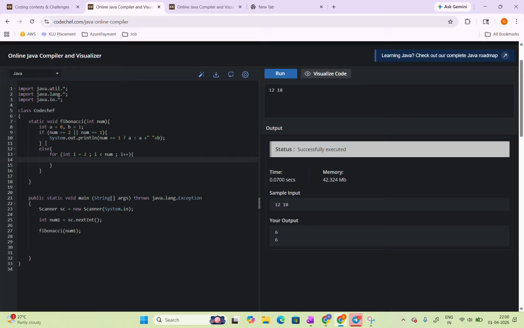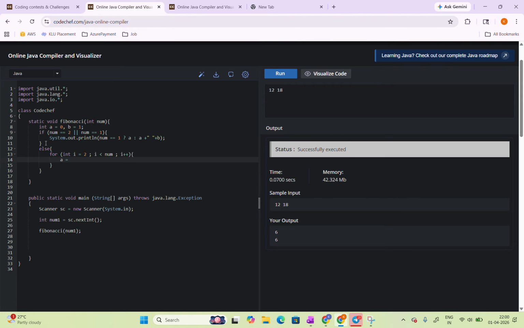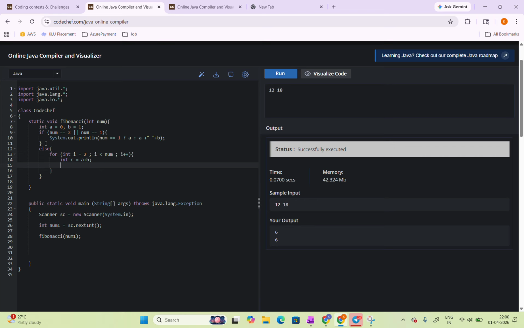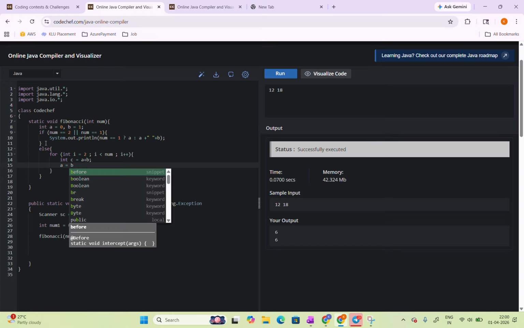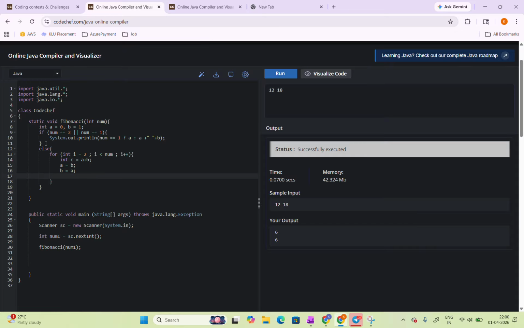So here what I'm going to do is store in int c is equal to a plus b. Now a will be copied by what? It will be copied by b, and b will be copied by c. So this is going to happen through the entire loop. Sys out.